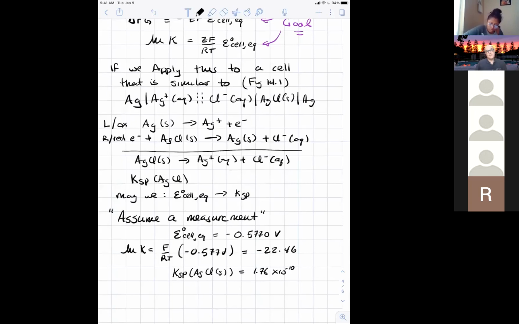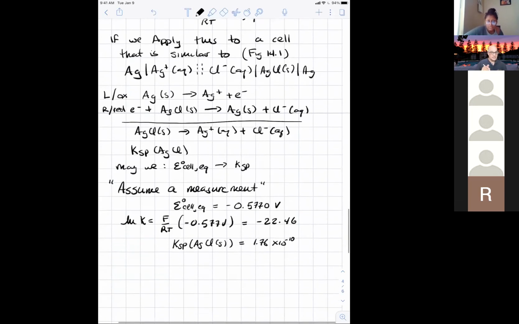I don't know if you remember the value of KSP for silver chloride, but over 25 years, I have this memorized, and the generic value is 1.8 times 10 to the minus 10. So if you look back in your Chem 25 textbook and look up the KSP, this is the value of KSP in the tables at 25 degrees C.